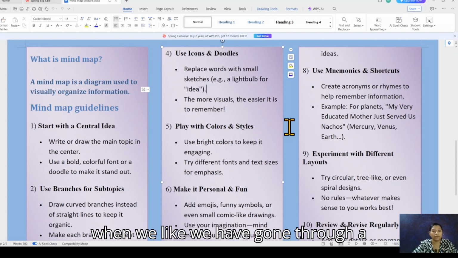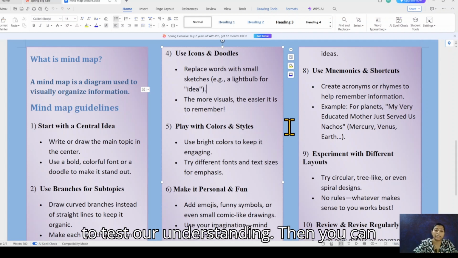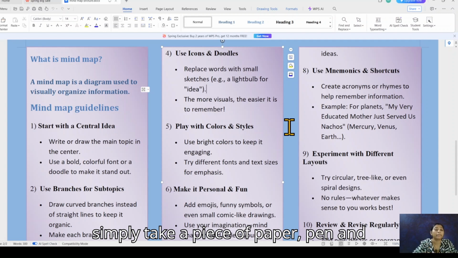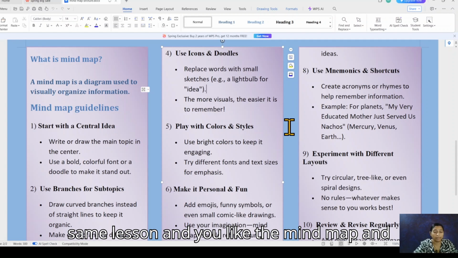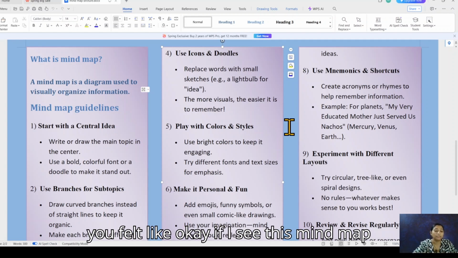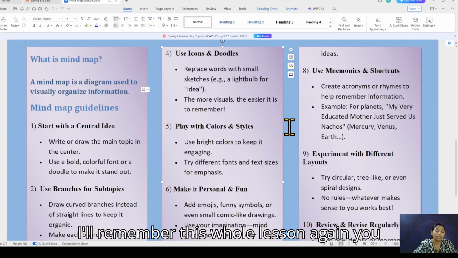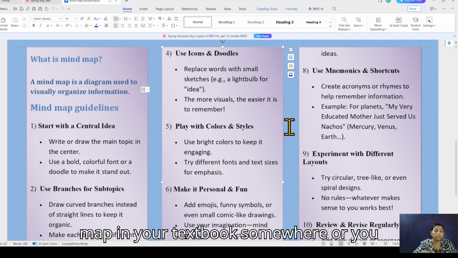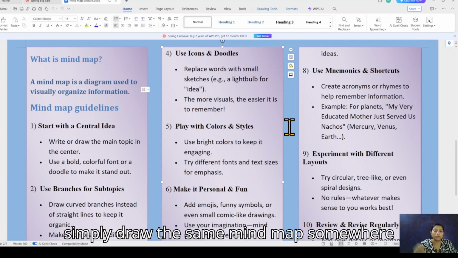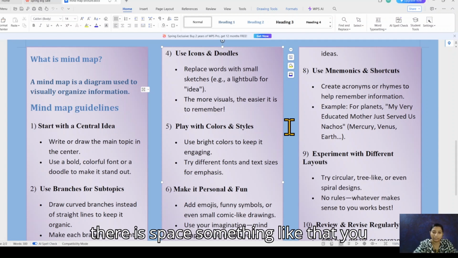In the same way, when we have gone through a lesson and want to test our understanding, you can simply take a piece of paper and pen and write a mind map about the same lesson. If you like the mind map and feel that when you see it you'll remember the whole lesson again, you can attach that mind map in your textbook somewhere, or draw the same mind map where there is space.